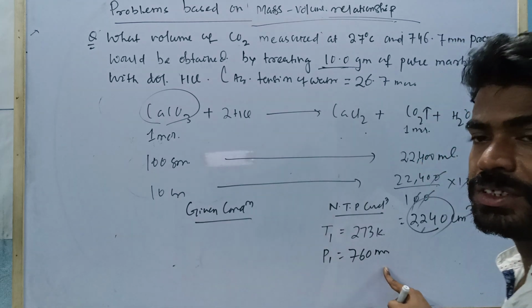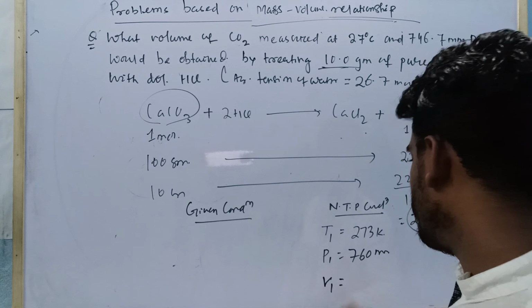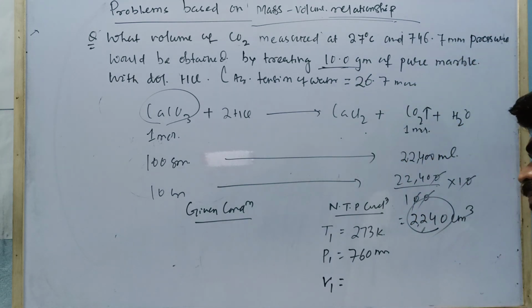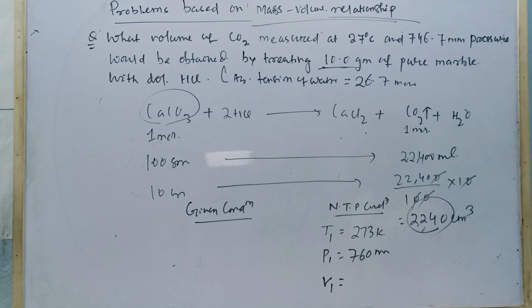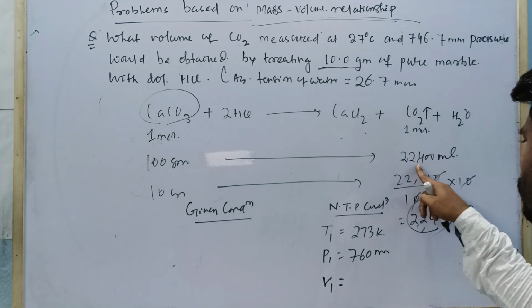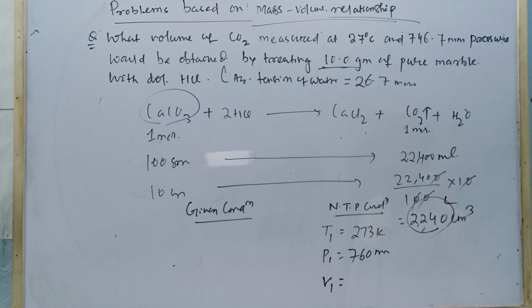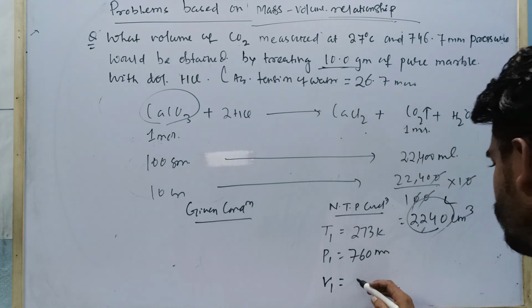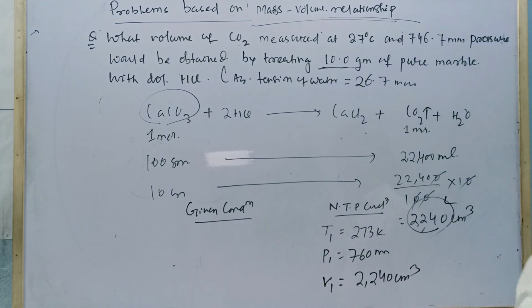These are fixed quantities. So V1, the volume at NTP, will be 2240 centimeter cube, because this is 22,400 ml at NTP. So in NTP condition the volume is 2240 centimeter cube.